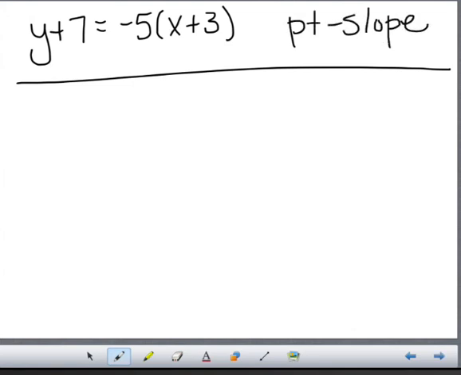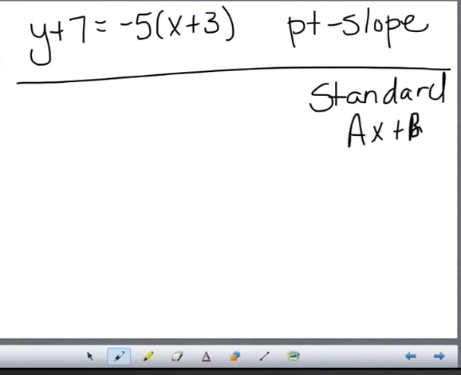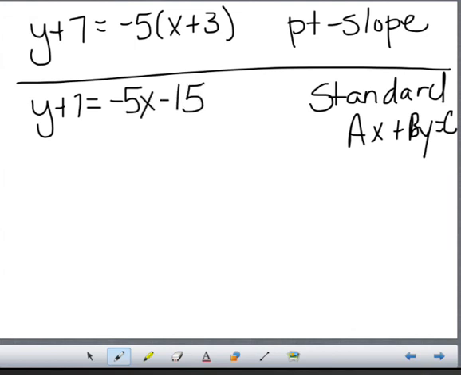Now, what if I want you to write that in standard form? Remember, standard form is ax plus by equals c. So starting out, I've got y plus 7 equals, I'm going to go ahead and do my distributive property, negative 5x minus 15.